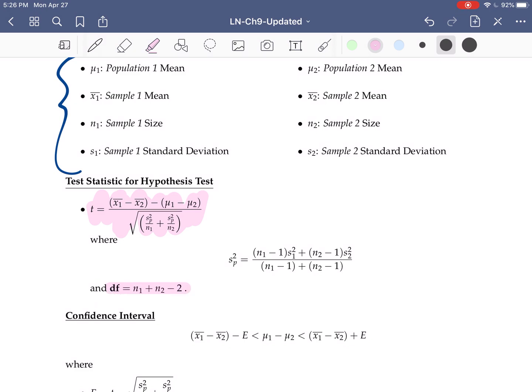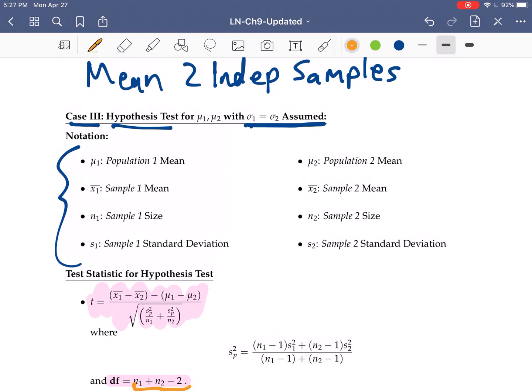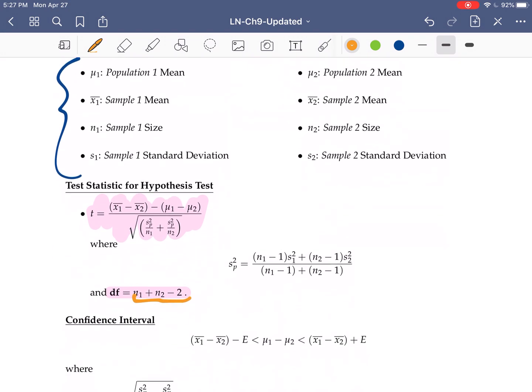So we take sample size 1 plus sample size 2, add them together, and then subtract 2. What's happening is we're pooling the two samples together and using that pooled data, when we know or assume that the two means are equal.